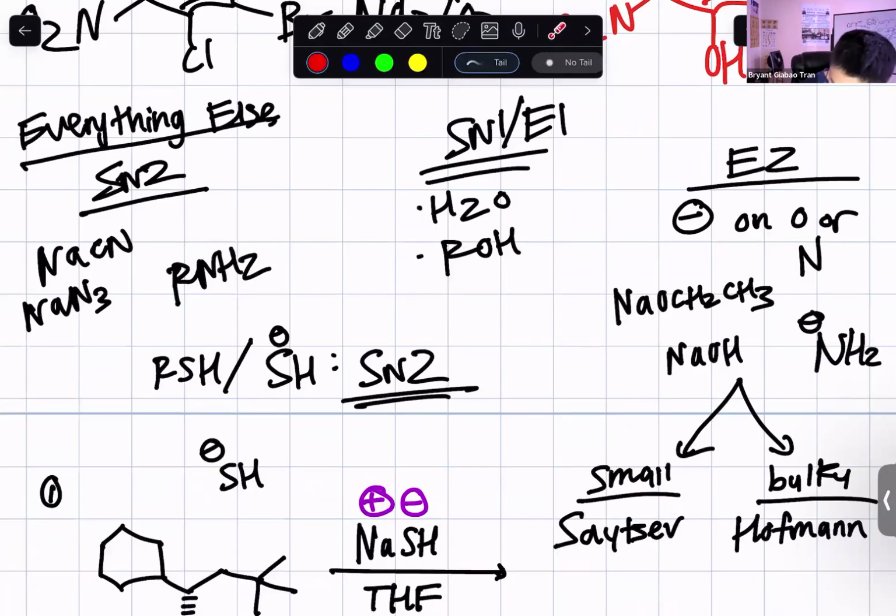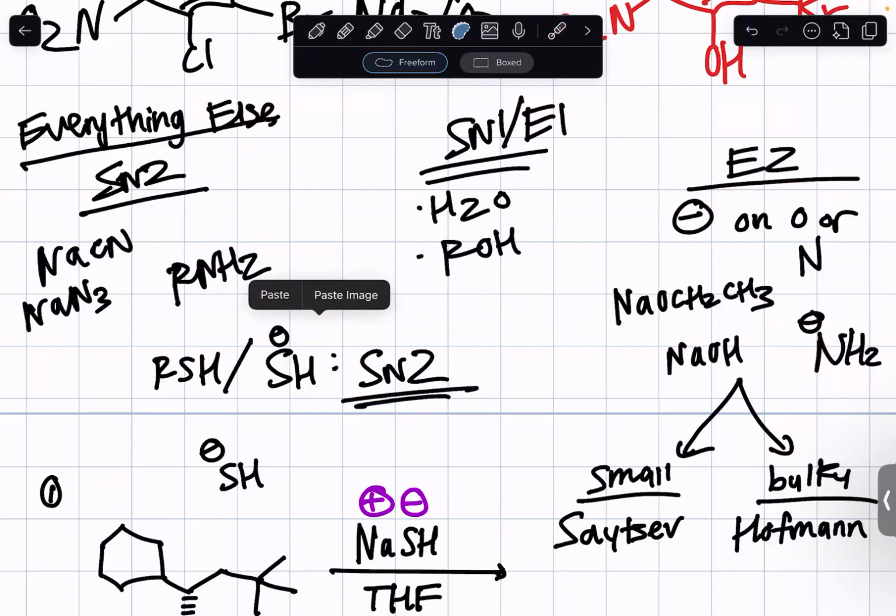NH2 minus belongs as a strong base, because we have a negative charge on the nitrogen. But if it's a neutral amine, with no negative charge on the nitrogen, then it's considered a good nucleophile but a weak base. A negative charge on the nitrogen is considered a stronger base, so E2. Okay, so now we have our nucleophile.